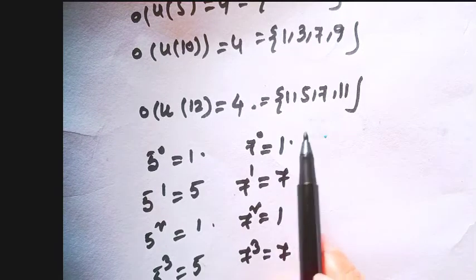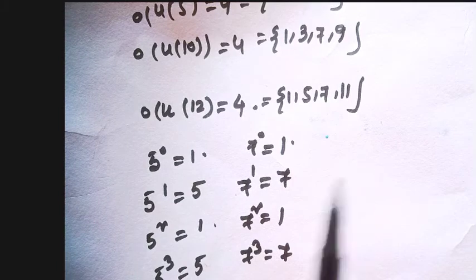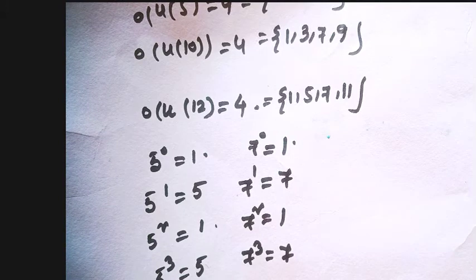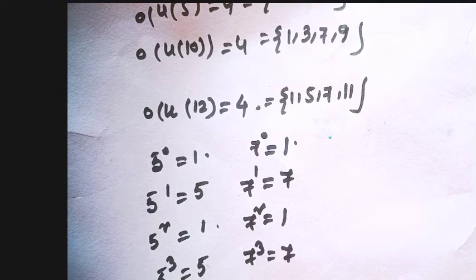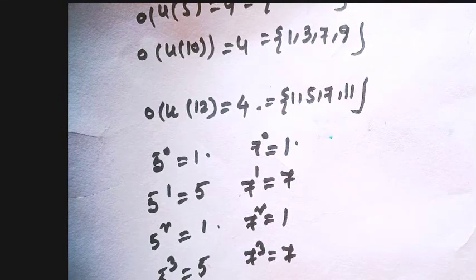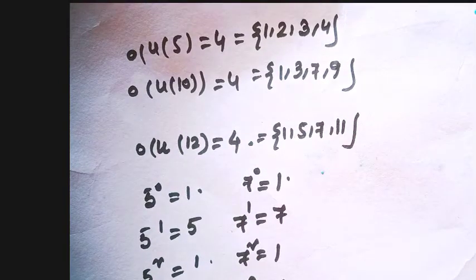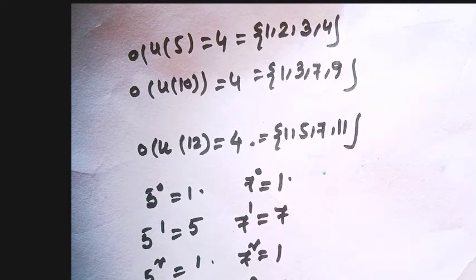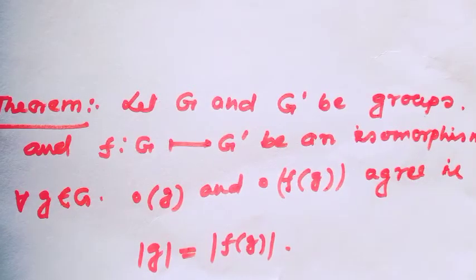This is also not a generator of this group, and if you check 11, similarly you will see this is also not a generator of the group U12. So U12 is not a cyclic group. So U12 is not isomorphic to the other two groups. Are you getting it? That means if two groups are cyclic of the same order, then these groups will be isomorphic. And why can a cyclic group not be isomorphic to a non-cyclic group?